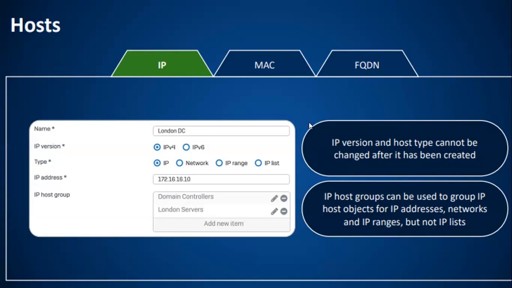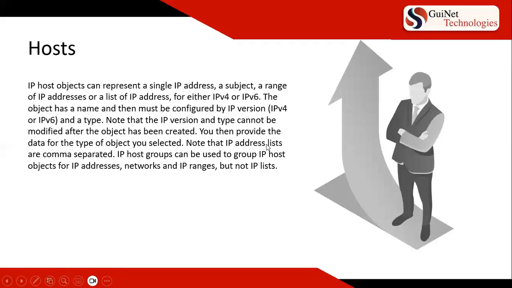All right. Okay, so next would be I think MAC host. Before that, an IP host object can be represented as a single IP address, a subnet, a range of IP addresses, or a list of IP addresses. Either it can be IPv4 or IPv6. The object can be named and must be configured by IP version, whether it is IPv4 or IPv6, and a type. So pay attention to the type when you are creating the host for the IP addresses.